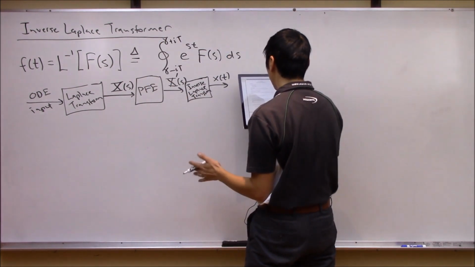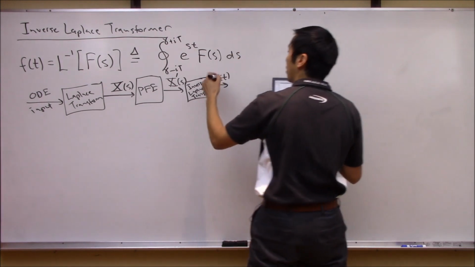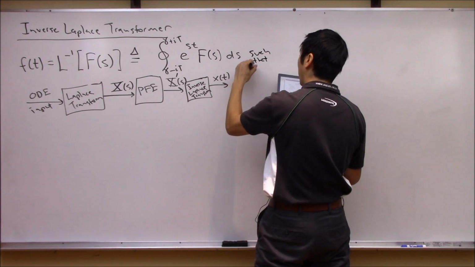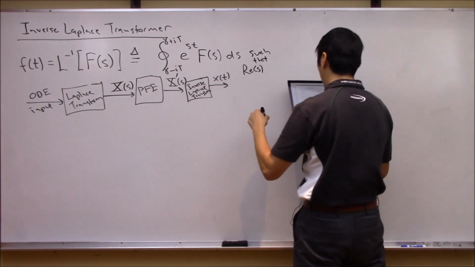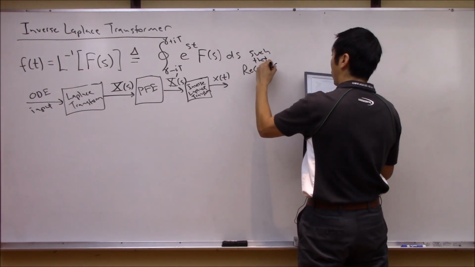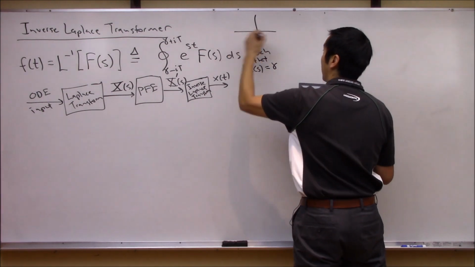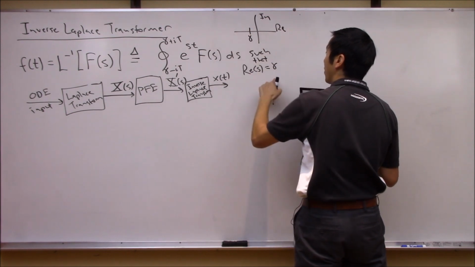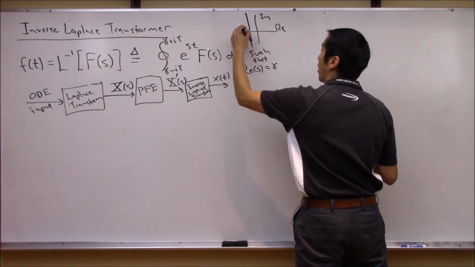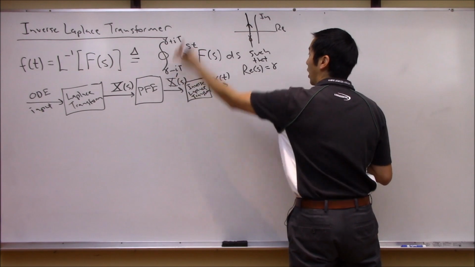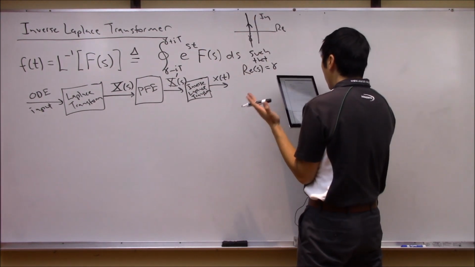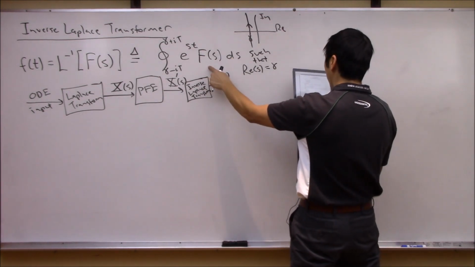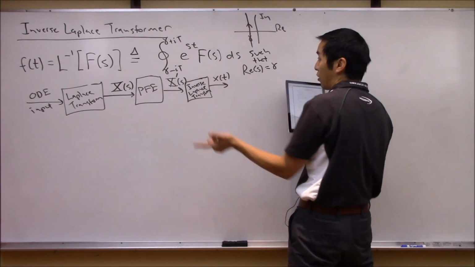This integration is done along the vertical line such that the real part of s that you're integrating over in the complex plane looks like this. You have the real and imaginary axes, and then you pick some gamma and integrate up this vertical line, picking gamma such that it's greater than the real part of all the singularities of F of s, so F of s is bounded by this line.